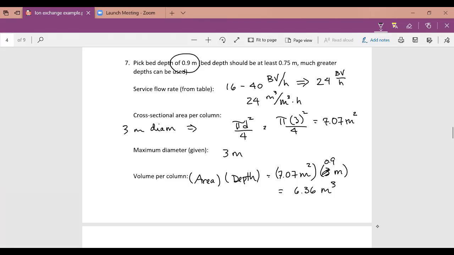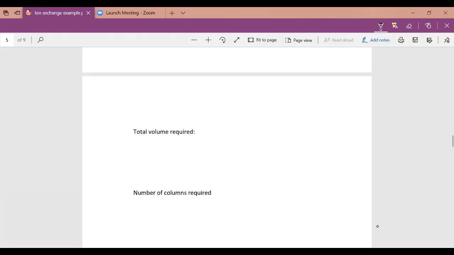Any questions here? The total volume is equal to the total flow rate divided by the loading rate. So our flow rate is 0.664 cubic meters per second. There's 3,600 seconds per hour.